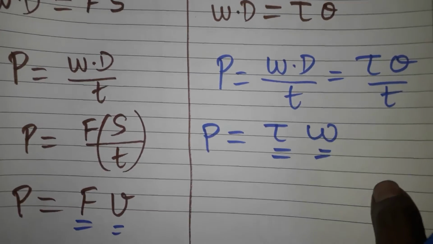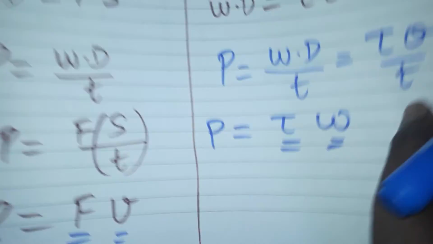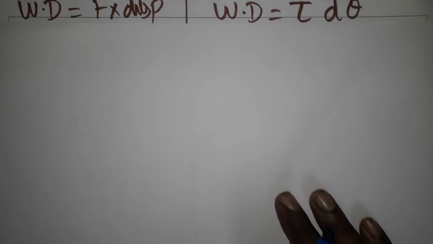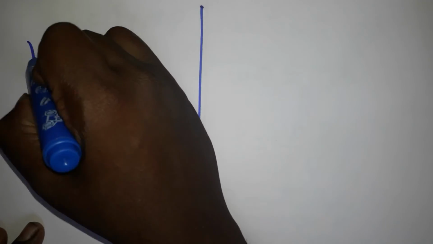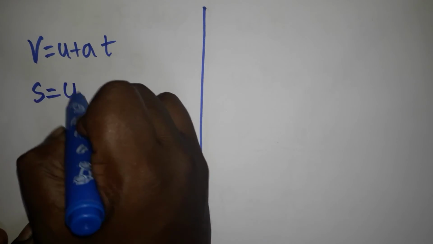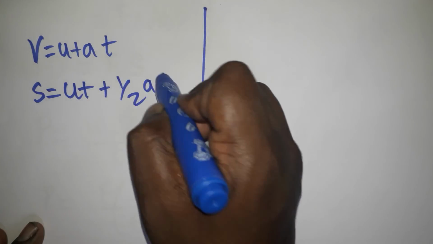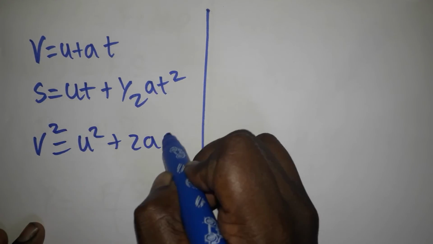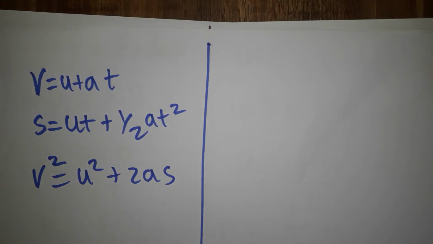Next, equation of motion comparison. This side is the equations of motion: v is equal to u plus at, s is equal to ut plus half at square, v square is equal to u square plus 2as. That is the linear motion.